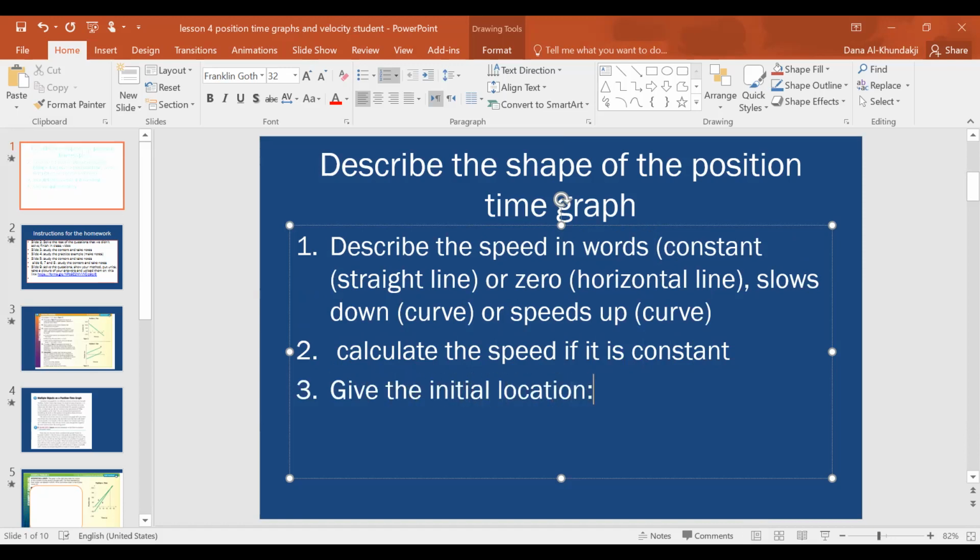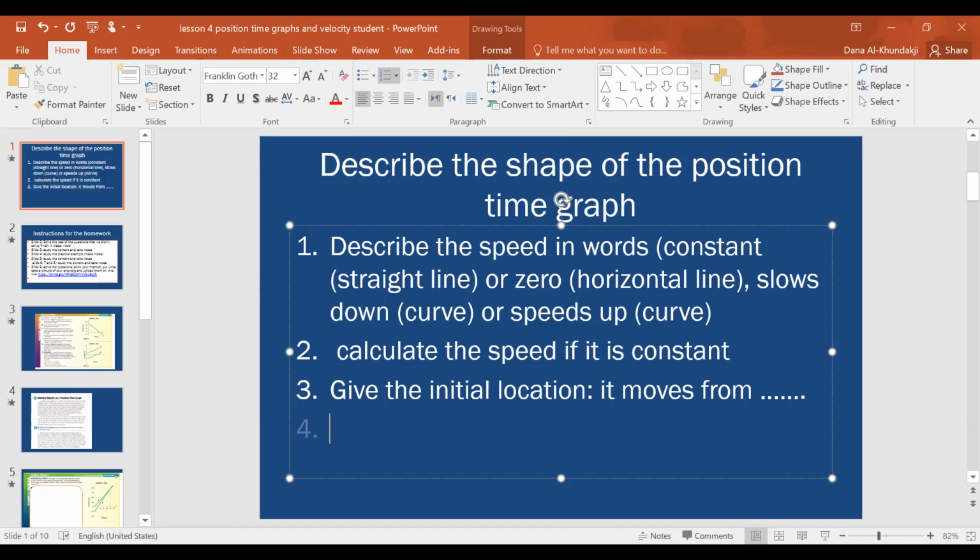For example, you're going to say it moves from, and then you give me that location. And for that location, you have to tell me if it's a positive or negative location, or how far it is from the origin, like 3 meters above the origin, below the origin, or to the east, west, positive direction, negative direction. The question will help you indicate where.